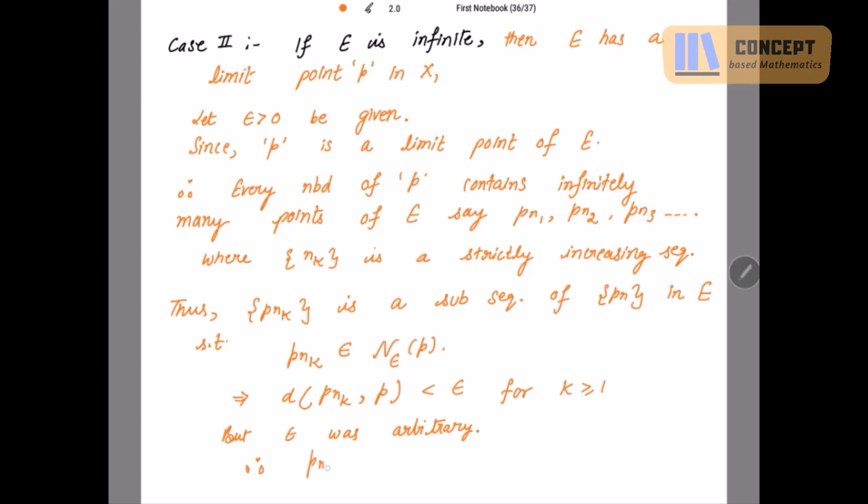That Pnk is converging to P because their distances from P are less than epsilon. This is the main definition of convergence. In the very first video you can check. So this Pnk is converging to P. From this I have written Pnk is converging to P. So what is Pnk? The elements of the subsequence. So my subsequence is converging to P, right?